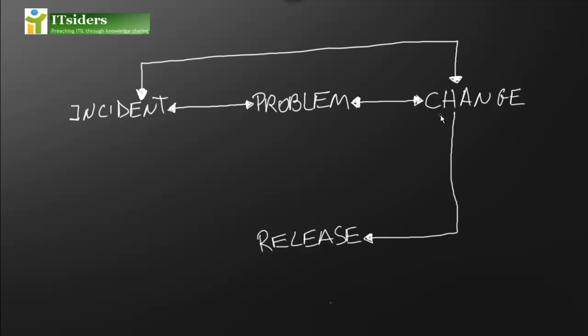But it's not only one change. It's a bunch of changes. A release works like an umbrella of changes. So therefore you have a change. On the other way around, you have a release which is associated with many, many changes. Okay? So that's another relationship in there.